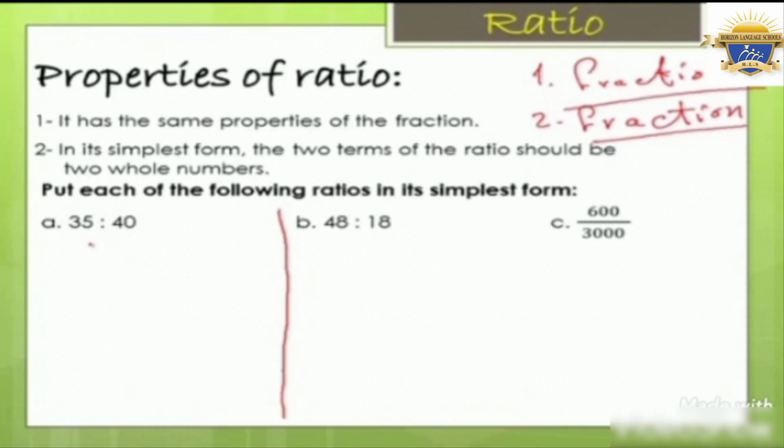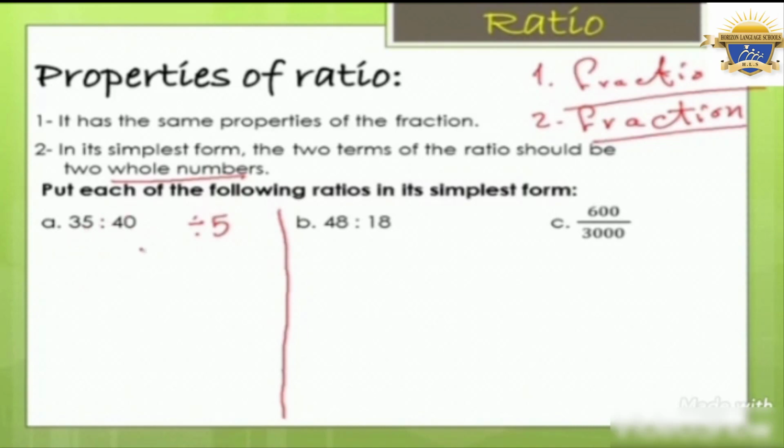So here, number 1, 35 to 40. As you see, the unit digits are 5 and 0. So we will divide both sides by 5. 35 divided by 5 equals 7.